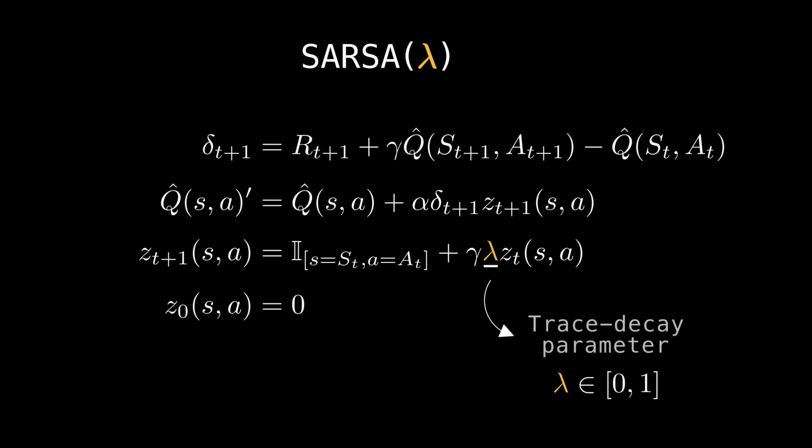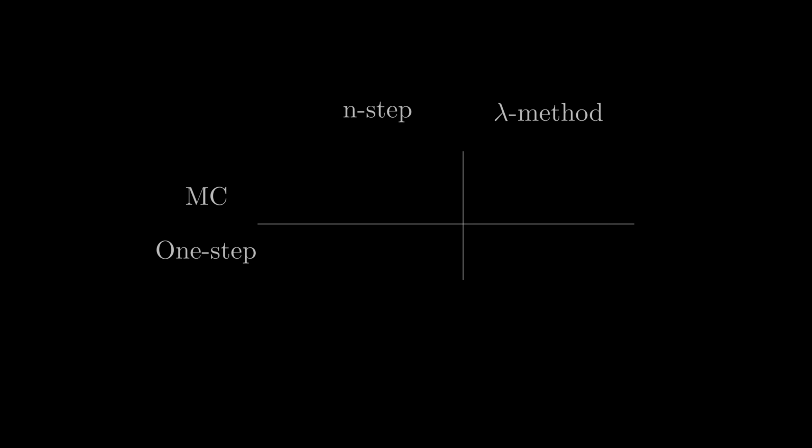In essence, using this approach, the action value function updates are given as some mixture of multi-step predictions. That means that like the n-step methods, lambda methods interpolate between one-step updates to the value function and Monte Carlo, where lambda 0 gives the one-step updates and lambda 1 equals the Monte Carlo method.